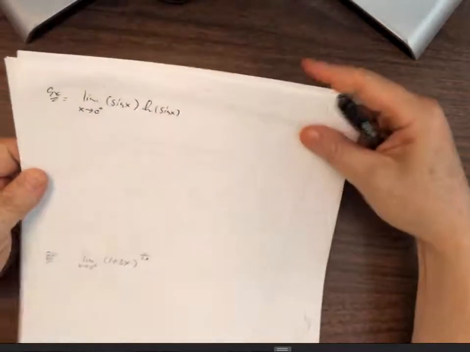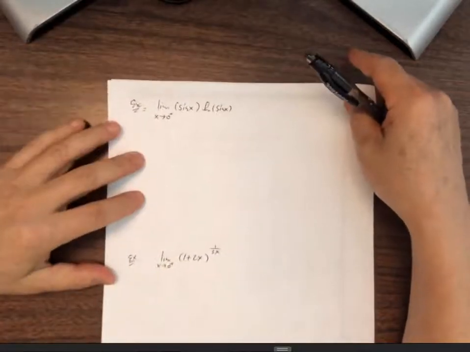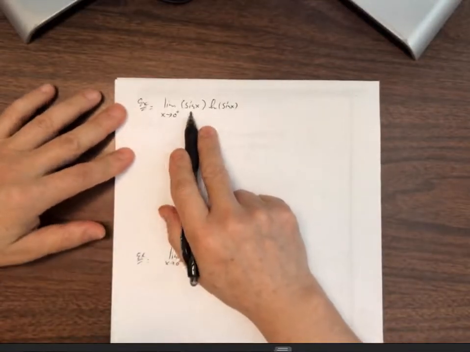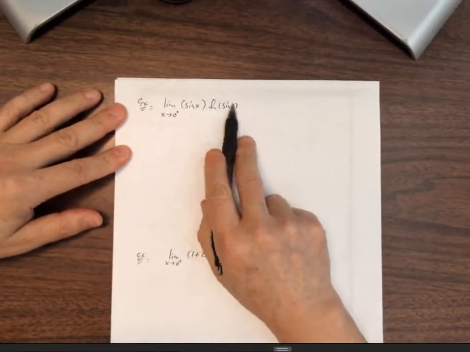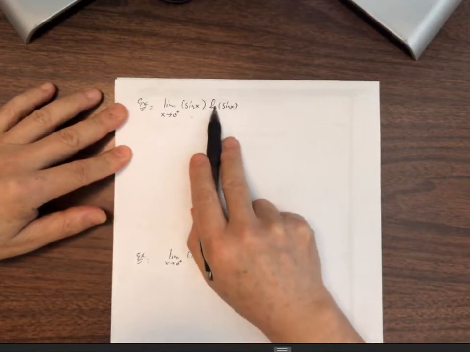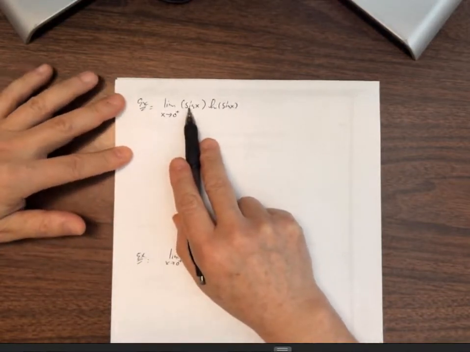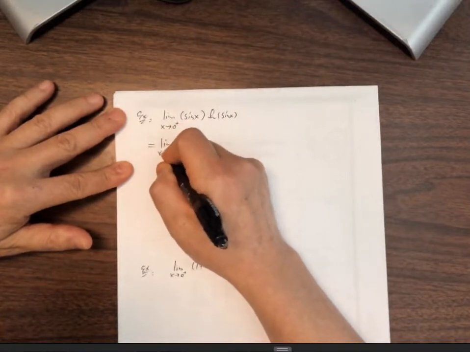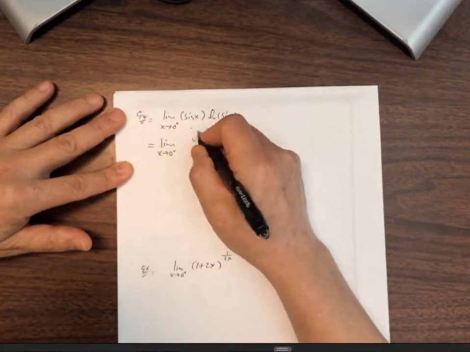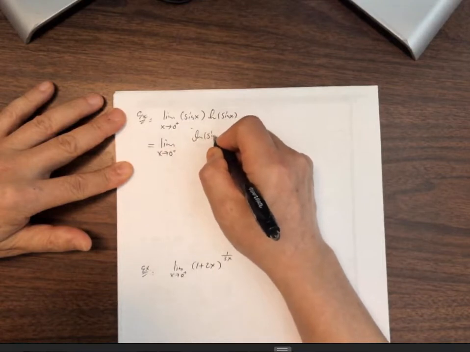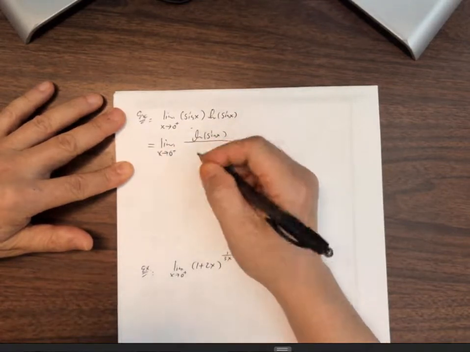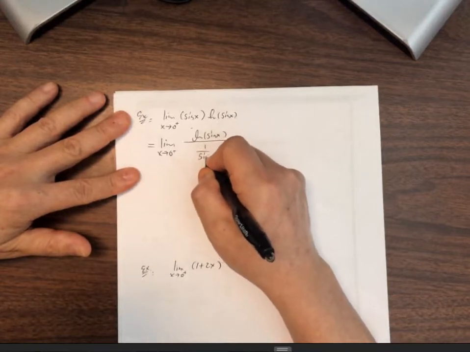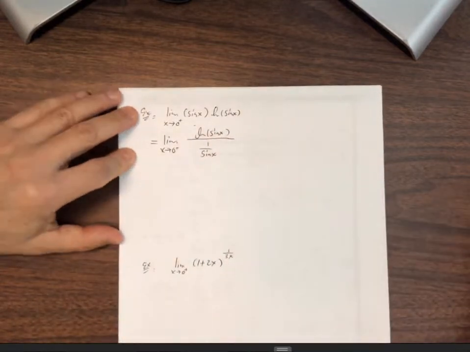Alright, let's see one example. Well, this is just perfect. We got trig, we got log. This is the one we never flip. This is the one we always like to flip. That makes the decision very easy. So flip sine and put it on the bottom.